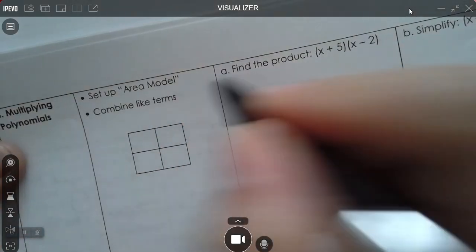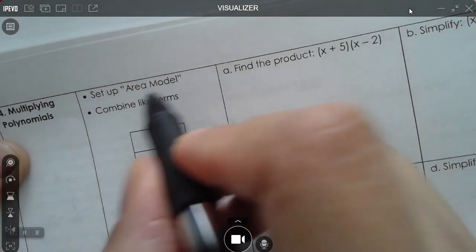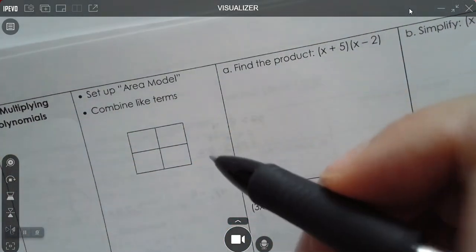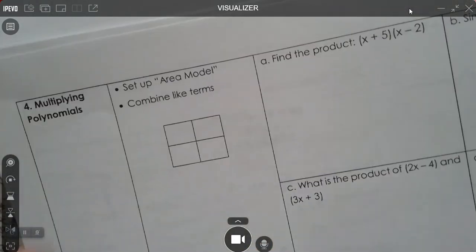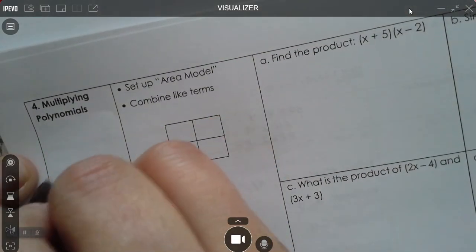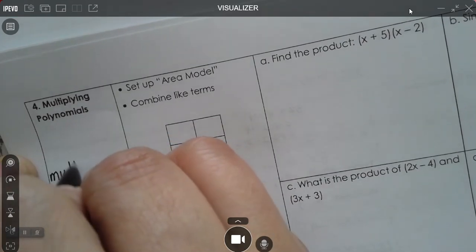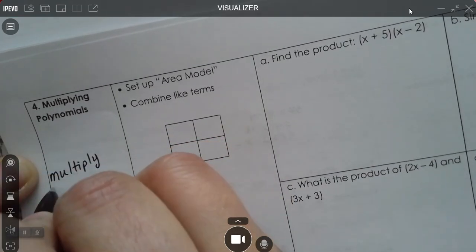All right, multiplying polynomials. Remember the area model? Set up the area model, combine like terms. We can also use a distributive model, but let's talk about multiplying. When we multiply the basis, multiply the coefficients.